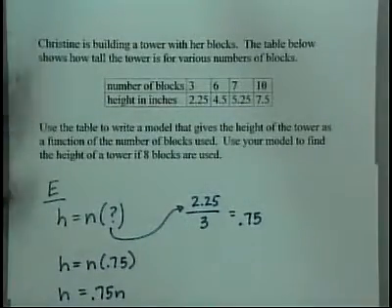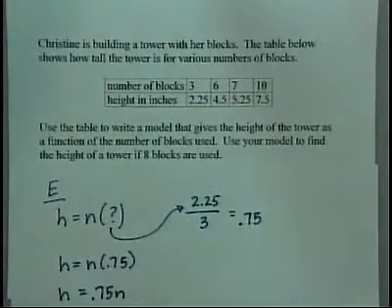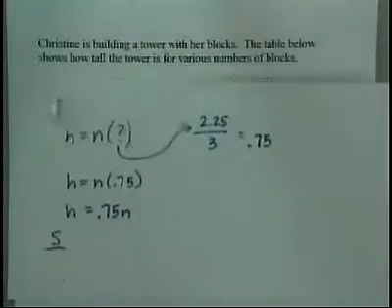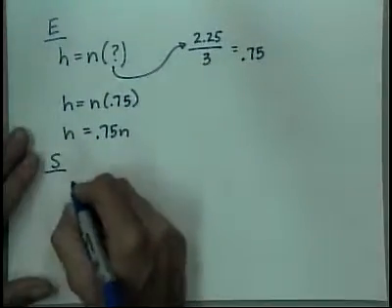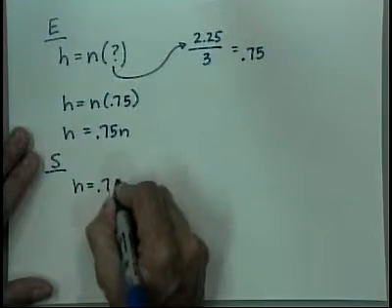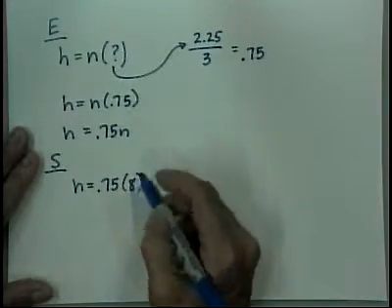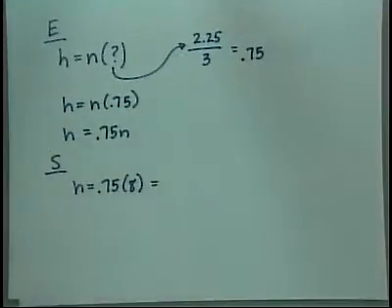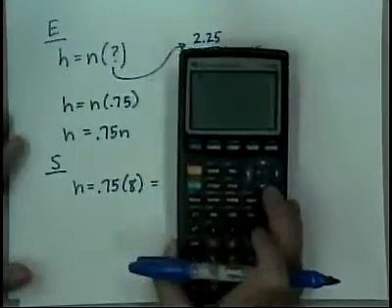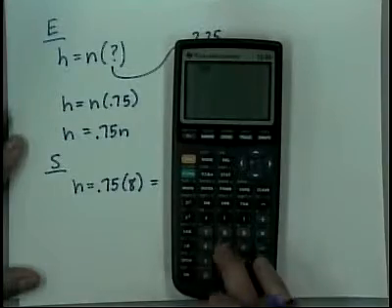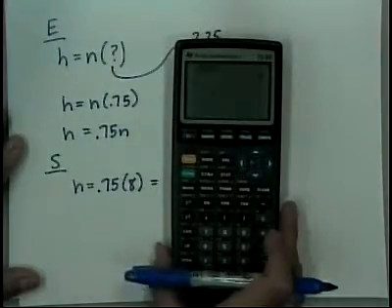We want to use our model to find the height of a tower if 8 blocks are used. So H is equal to 0.75 times 8, putting the number of blocks in. Again, using a calculator to simplify, 0.75 times 8 comes out to 6.